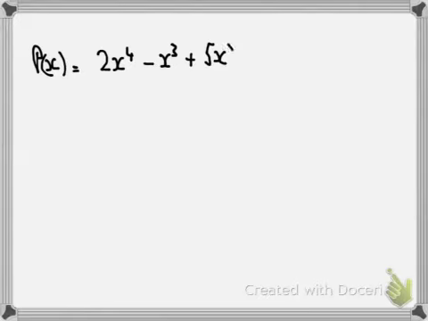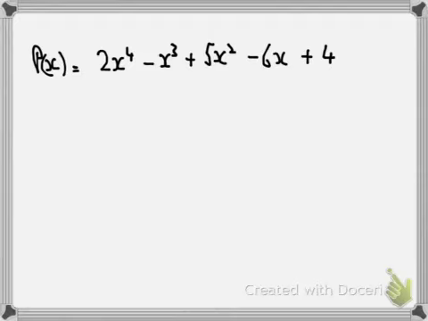Now let's look at evaluating polynomials. So we've got this polynomial here. We've got p of x equals 2x to the power of 4 minus x cubed plus 5x squared minus 6x plus 4.